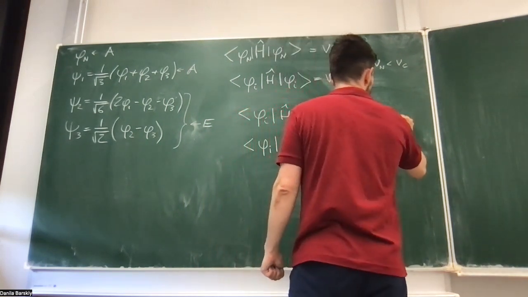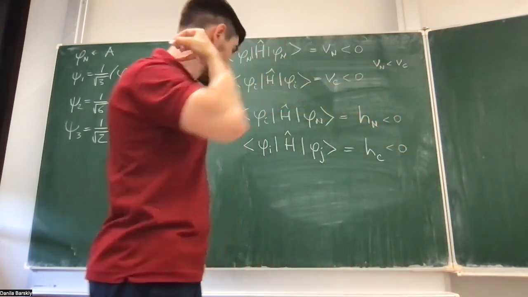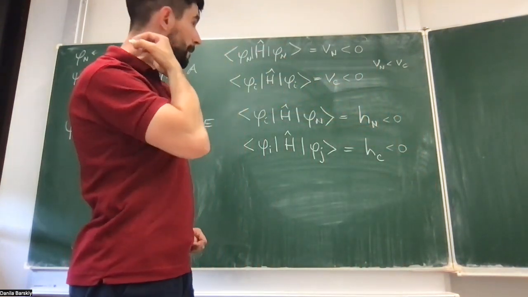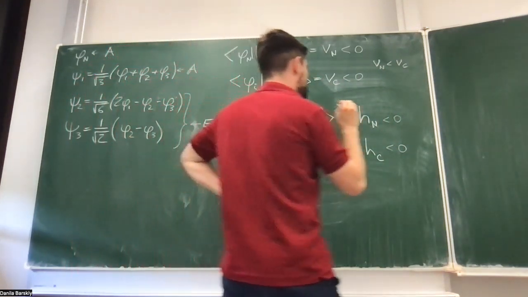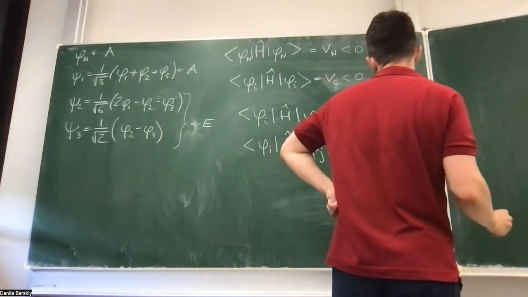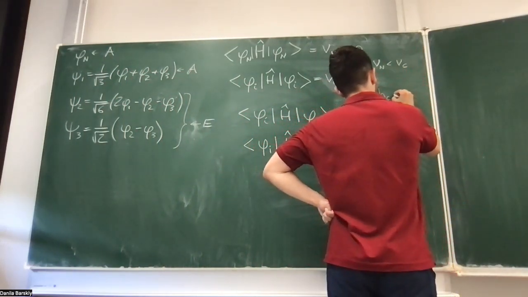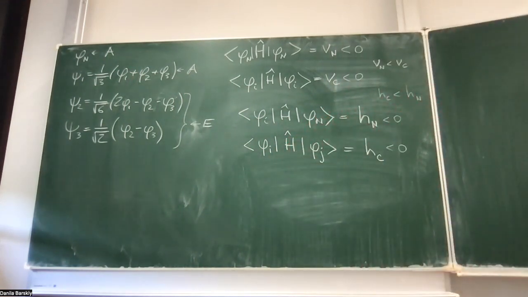So once again, I assume all of these things are negative. And potentially, I would assume HC less than HM, because carbons are just simply closer to each other.